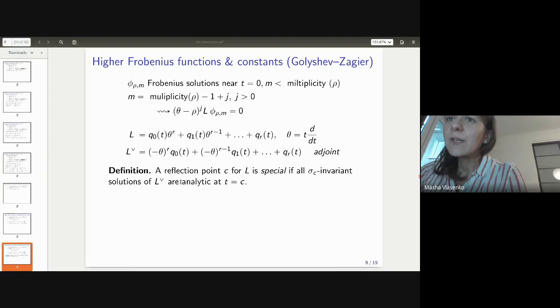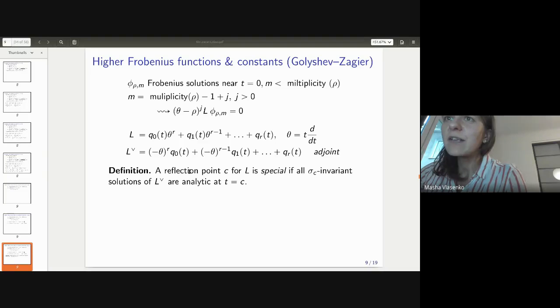And what we require in this definition, so there will be a codimension 1 subspace of solutions which are sigma C invariant for the adjoint already, but it can happen that some of them are meromorphic functions at C with some pole. So if we multiply the adjoint on the right by some power of t minus c, we will make this condition to be satisfied.